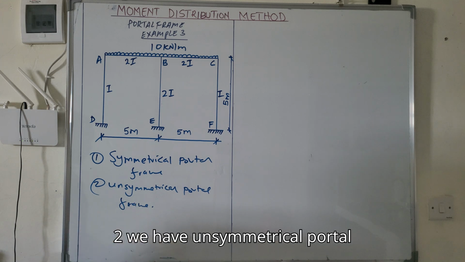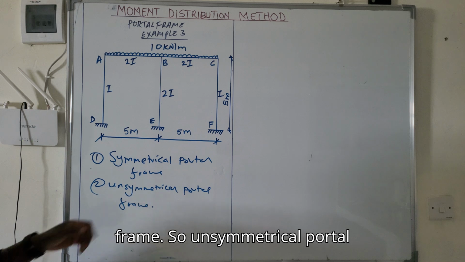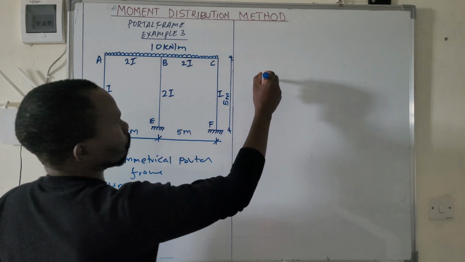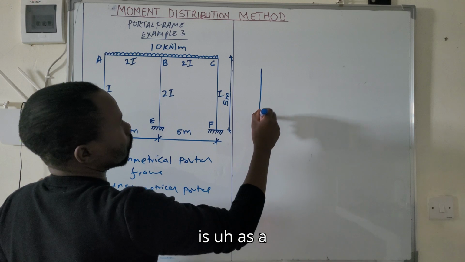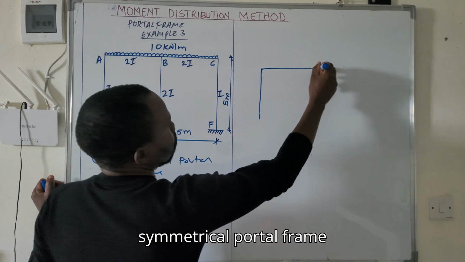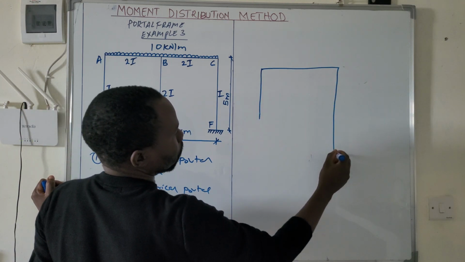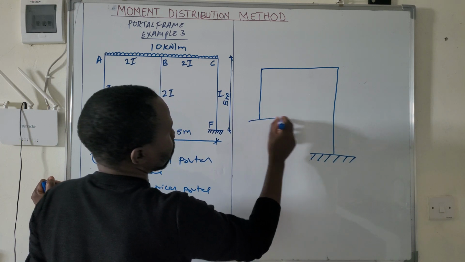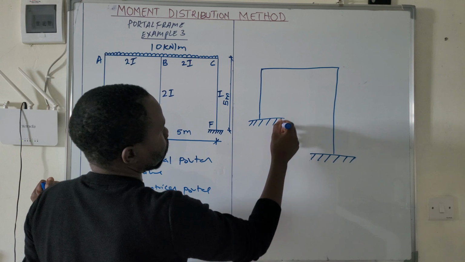And number two, we have unsymmetrical portal frame. An unsymmetrical portal frame is a frame which experiences swaying.